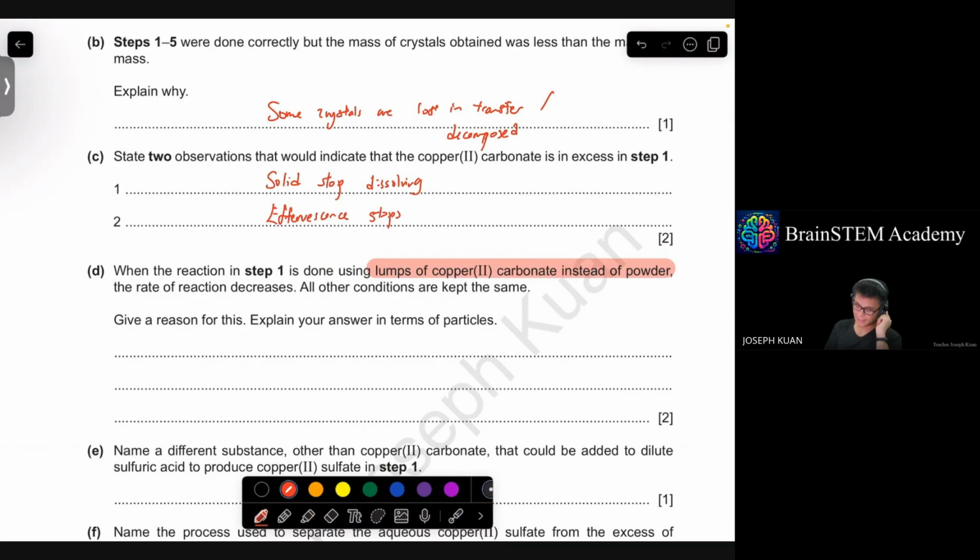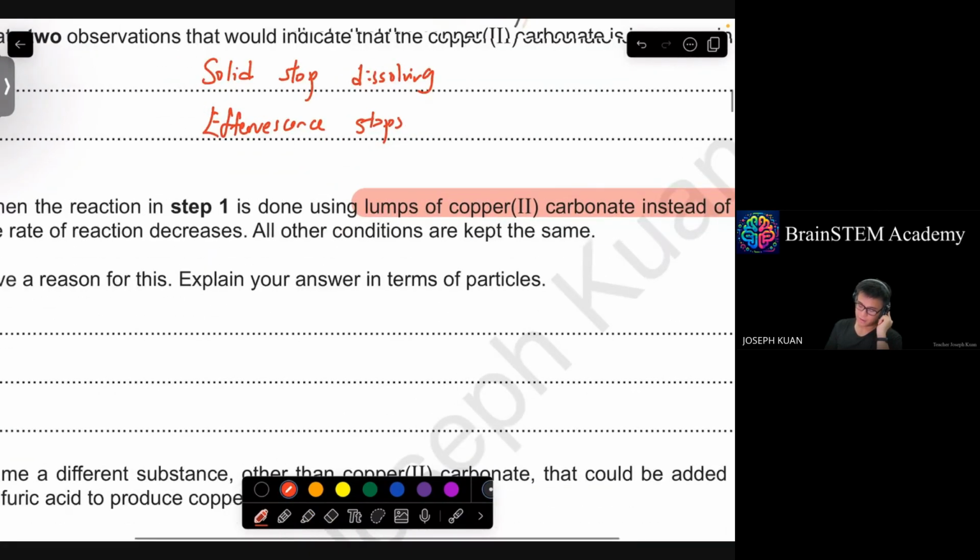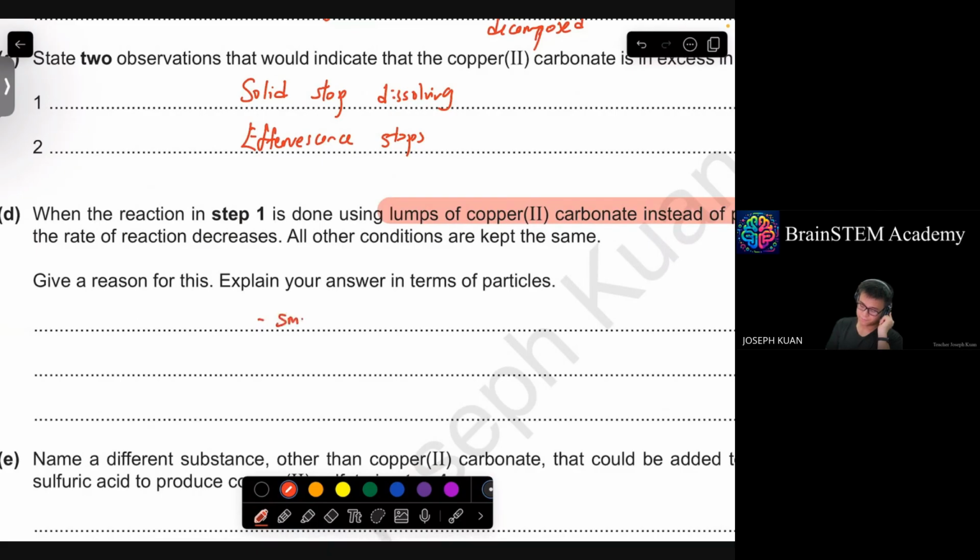We just need to mention that the lumps have a smaller surface area, and as a result, the frequency of collision decreases. We can just say the frequency of effective collision decreases.